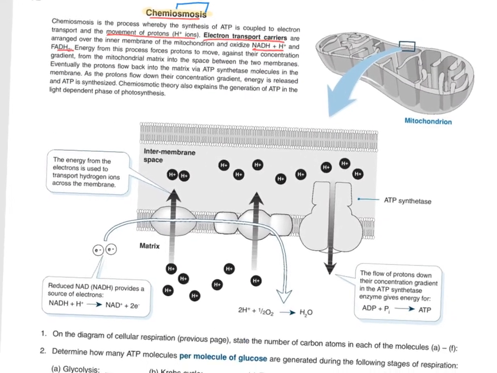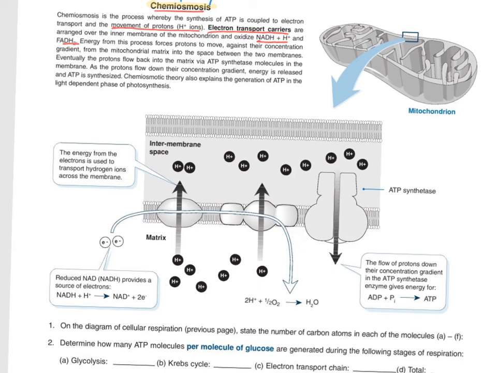Now, you've seen this before in the light reactions. Isn't this what we did in the light reactions? We created a concentration gradient with hydrogen ions. How did we create the concentration gradient? We used what? Electrons. And the electrons moving from one carrier to the other pull the hydrogen ions from what? Notice how this is light gray and this is dark.